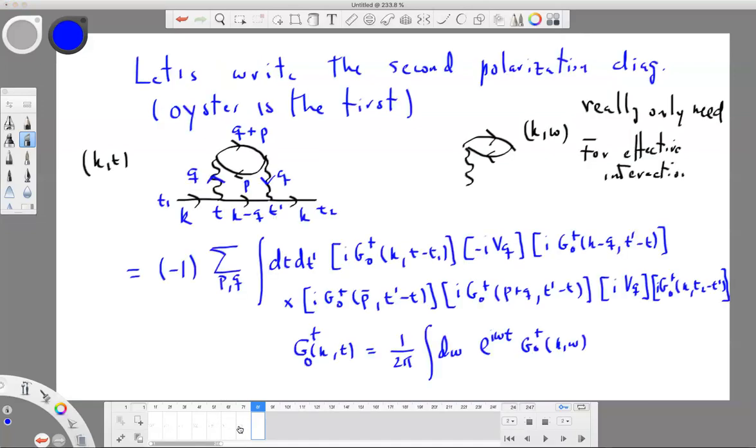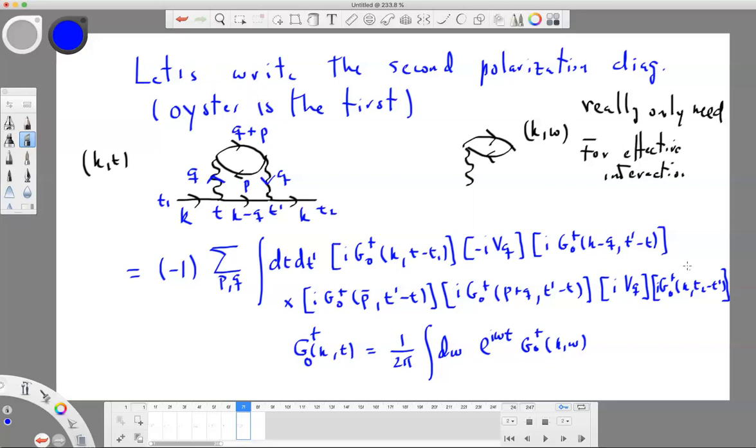Each time I introduce a Green's function, I'm going to have an omega: omega, omega prime, omega double prime, omega triple prime, and omega 4 prime.